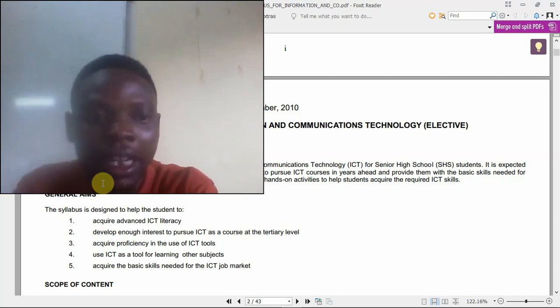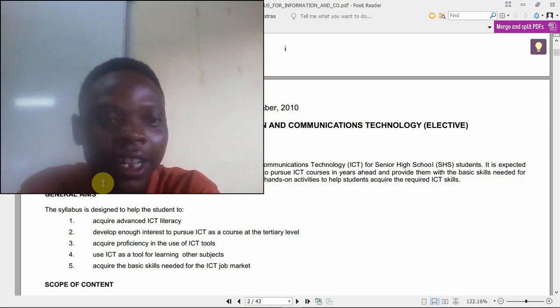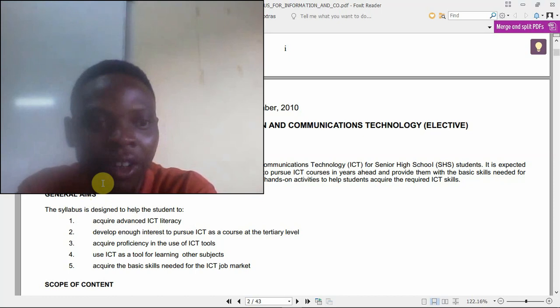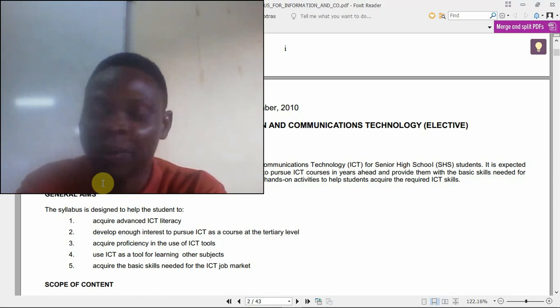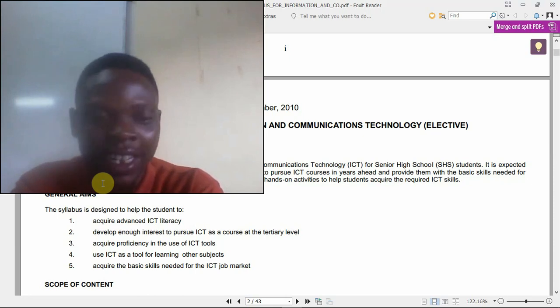Any job today, before you will be employed, if you don't have a good understanding of ICT, I beg to say you won't get the job, unless maybe you are getting it from a different source, because it could be that your father is the head of that department and he has the power to get you into it.